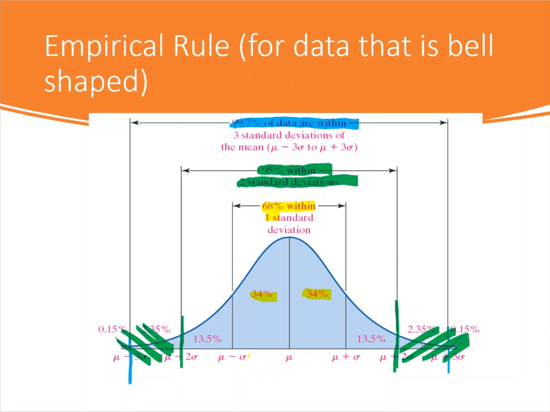I need to try to figure out why it happened. It just makes me look at it and ask why and maybe investigate it a little bit further. So this is what the empirical rule can help us determine when we're looking at individual data sets. Let's look at an example that applies this empirical rule.